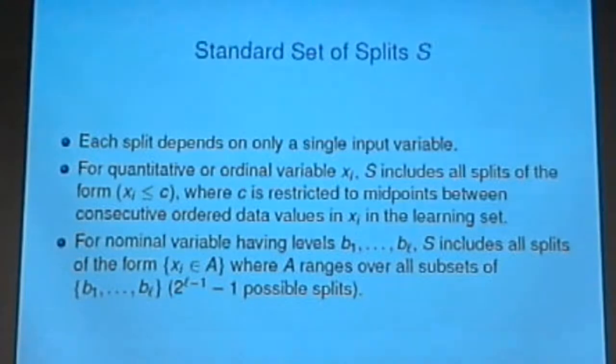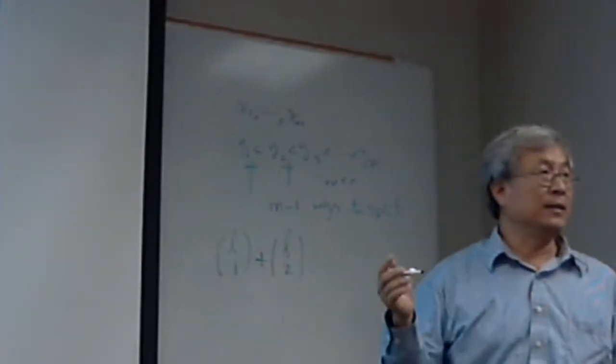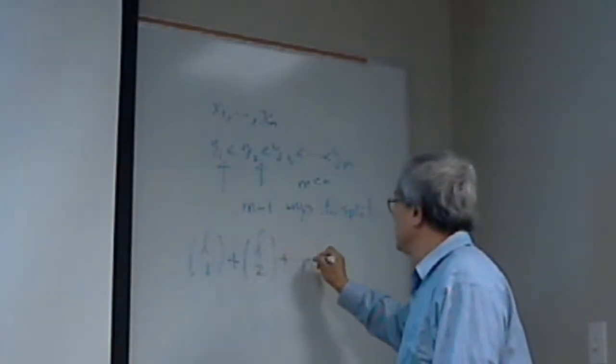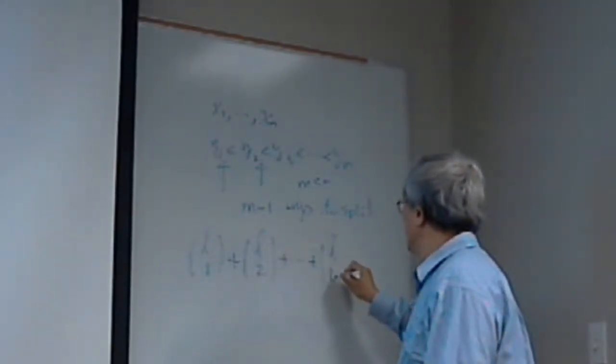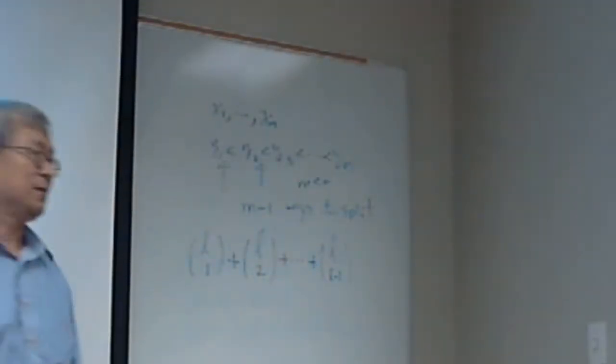So this is the split into groups of 1 and r minus 1. Then the number of ways to split into a group of 2 and r minus 2. Actually, the total number is 2 to the r minus 1, minus 1.